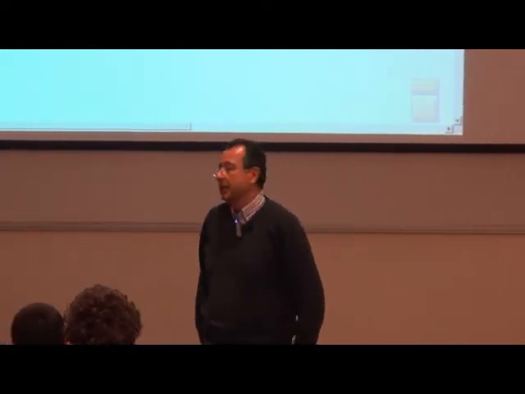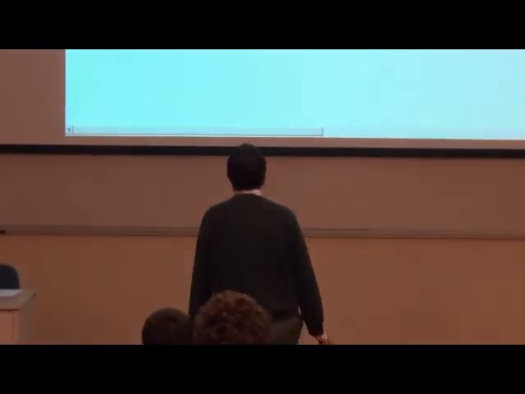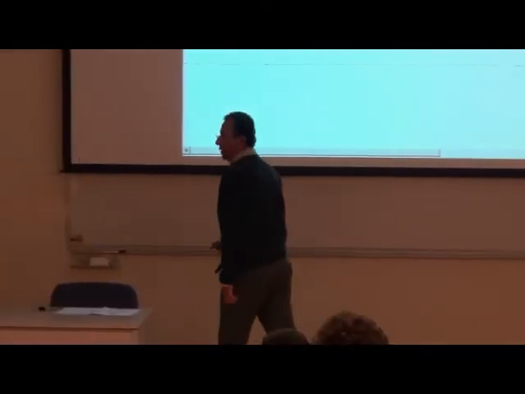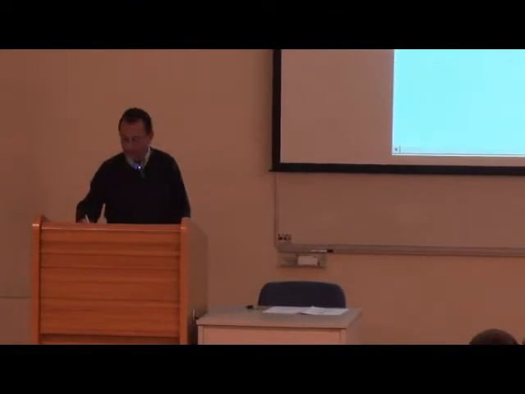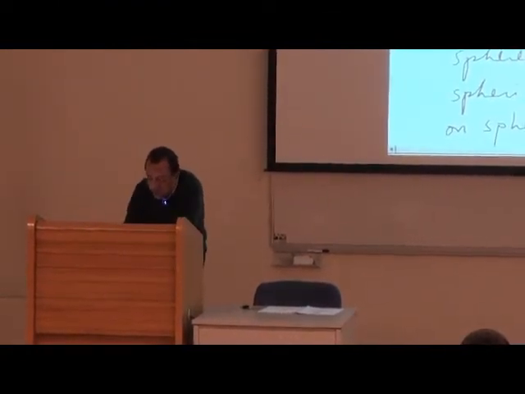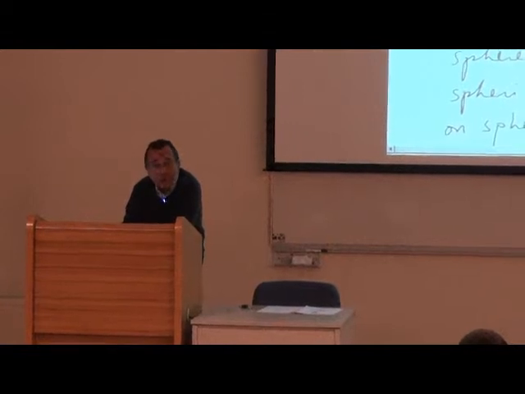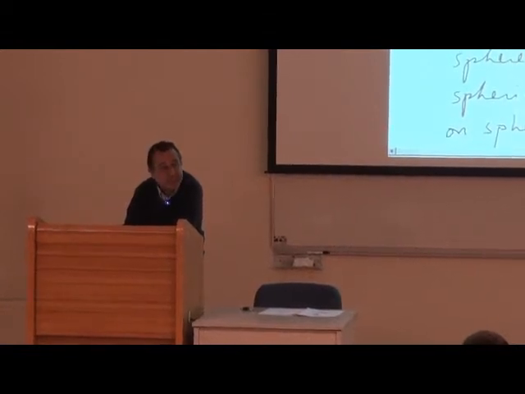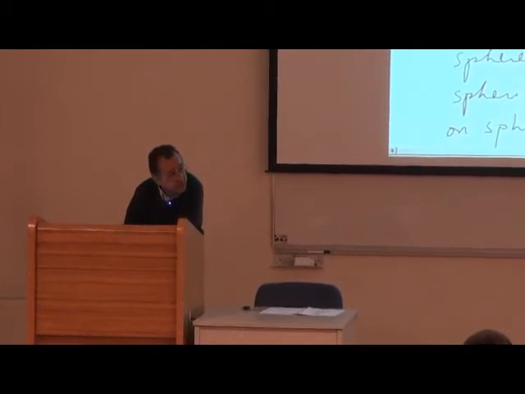Okay. So now I'm ready to apply Gauss's law. To apply Gauss's law, remember, I need a closed surface, and I always choose that surface as a symmetric surface, as a surface on which the electric field is constant.